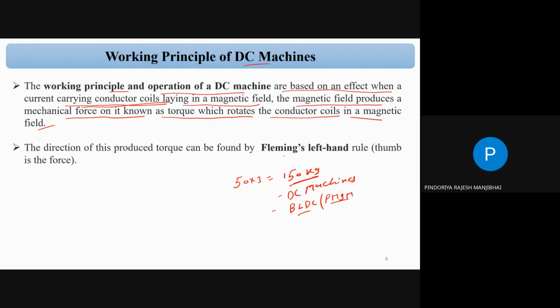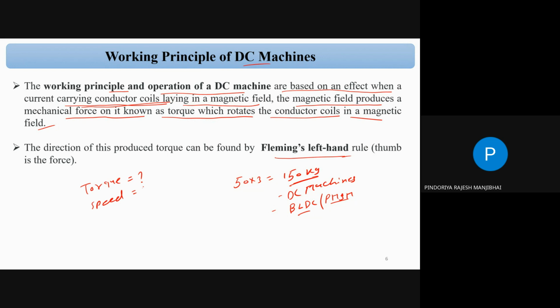Yes, Fleming left hand rule we can use to find out the force direction, current direction, and flux direction. We already discussed this in the first class, correct? Whenever we design a machine, there are two roles. One is torque, how much torque is required, and second is speed.